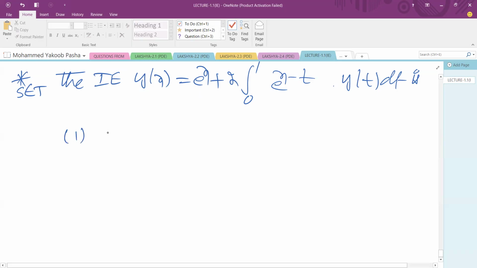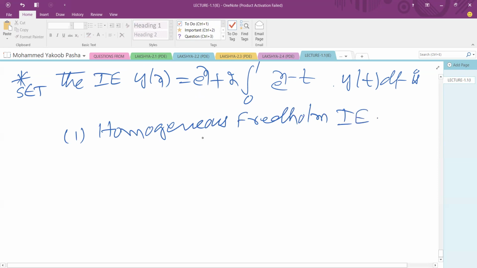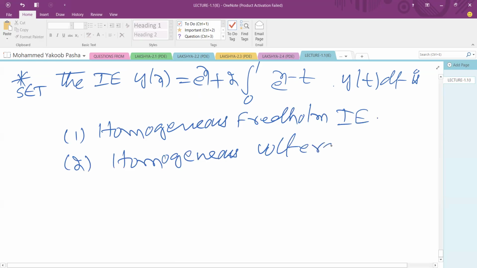Options: first option, homogeneous Fredholm integral equation. Second option, homogeneous Volterra integral equation.